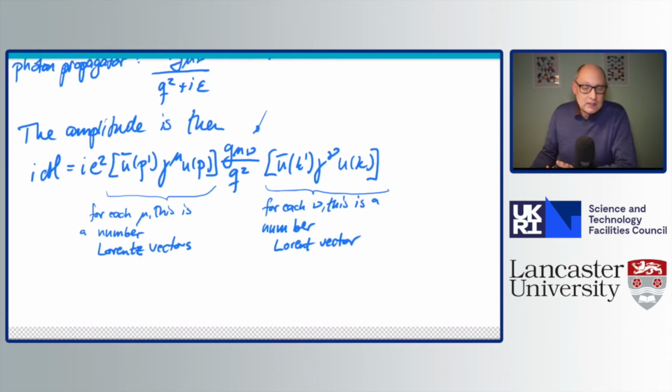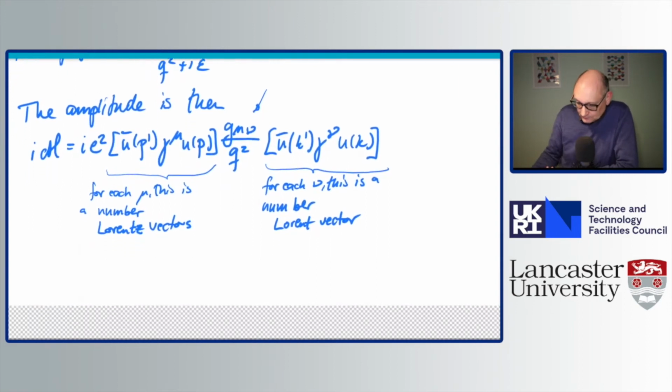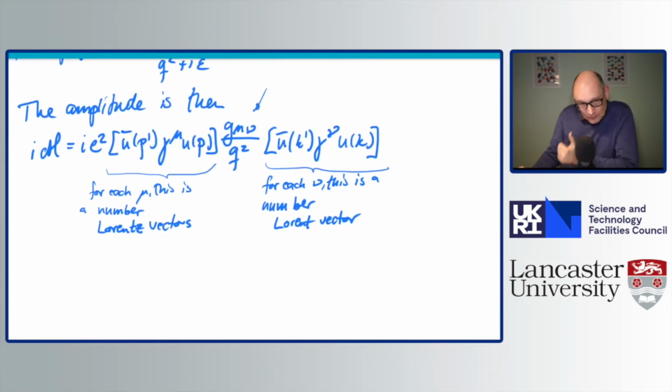And that indeed is what, for example, a tool like MATLAB does. Because just as in quantum mechanics, when we want to calculate the scattering probability, we need the square of the scattering amplitude.